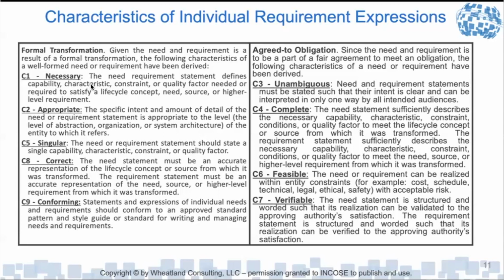For a formal transformation, you want to make sure all the needs and requirements are necessary, appropriate, and singular. Appropriate means appropriate to level. Singular is an interesting topic. If you go to our YouTube channel, the requirements working group had a presentation on the problem between singularity and comprehensibility. In some cases, there's a way to formulate a requirement that is well formed, but you've combined several different things in there.